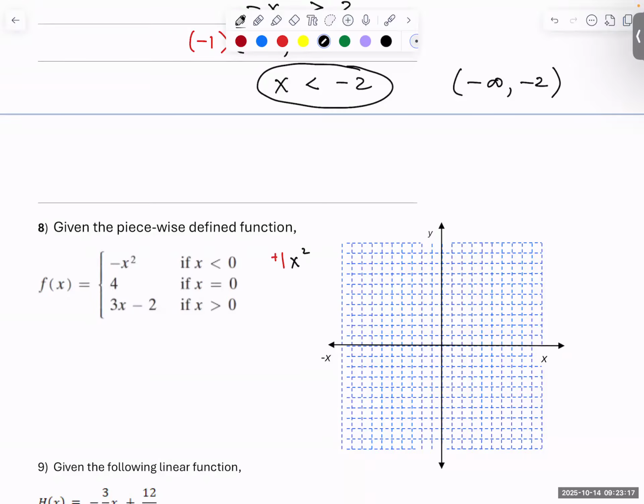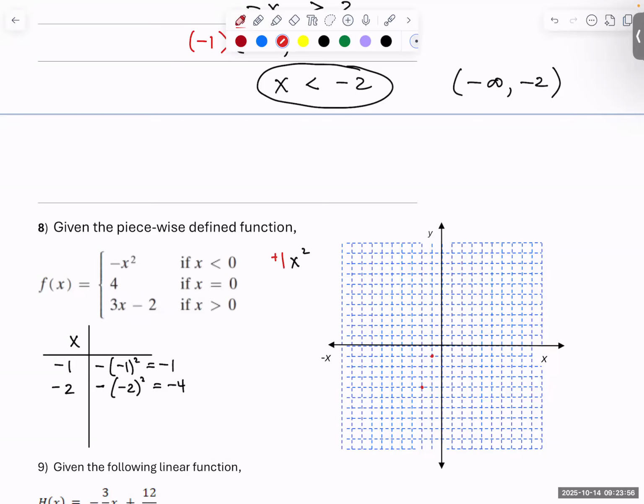If we input x is a negative value, like -1, the negative of -1 squared is -1. If we input a negative value like -2, we have the negative of -2 squared is -4. So let's graph -1, -1, x is -2, y is -4.